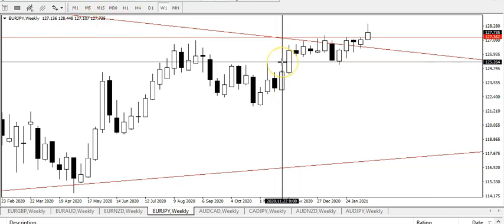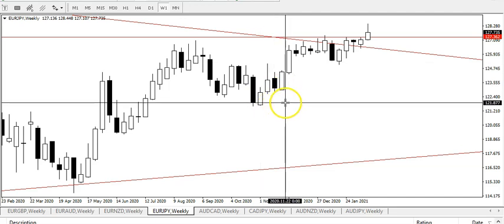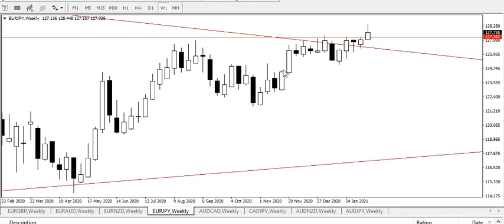This candlestick is from November 2020, where I've got the high and the close very near each other. If I look at the numbers, it closed around 124.45, and the high is 124.56. So that's what I mean by a very strong bullish pattern.